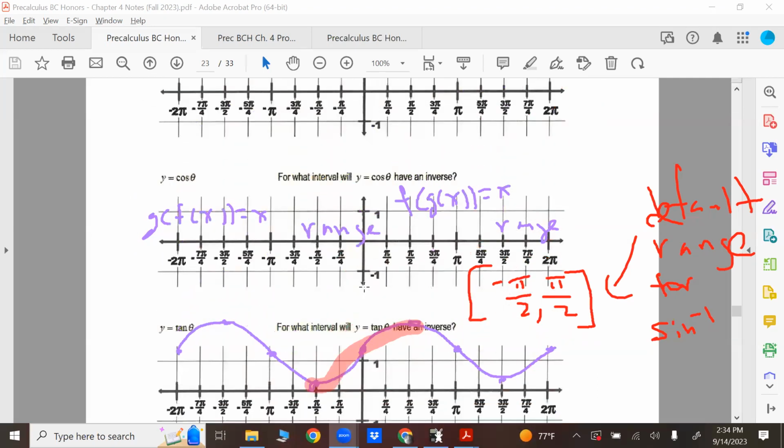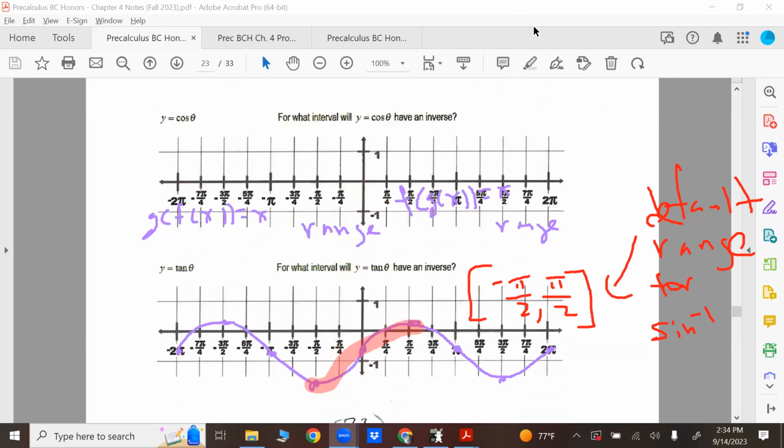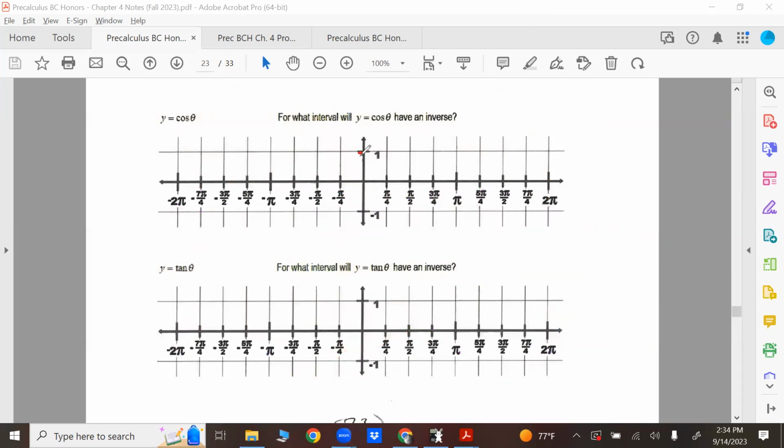cosine and tangent. Okay, let's graph cosine. Cosine looks like this. Starts at a peak, goes here, low point, middle, high point. Easy enough, right? Okay, we're good? That's cosine, right?